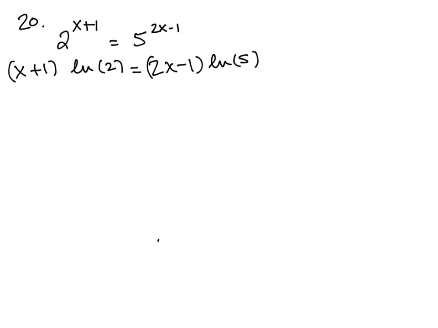Now, we want to distribute our constant, which is natural log 2 on the left and natural log 5 on the right. So we're going to push this natural log through x and through 1. So it's going to become x natural log 2 plus, you could write 1 natural log 2, or we could just write natural log 2.